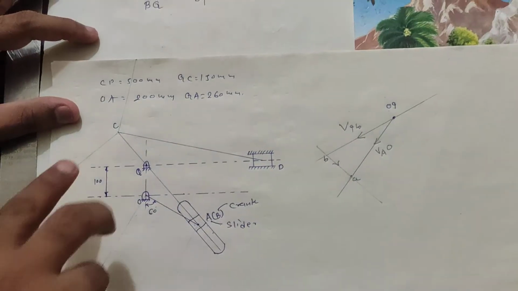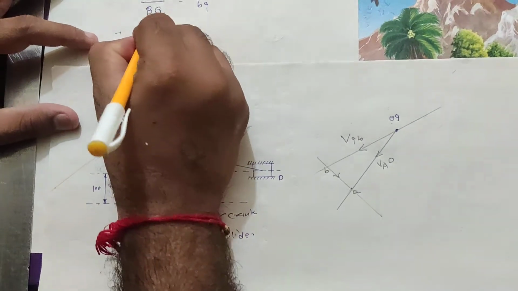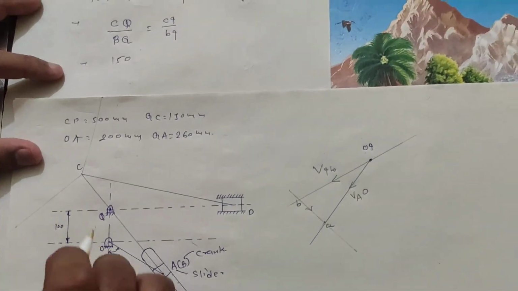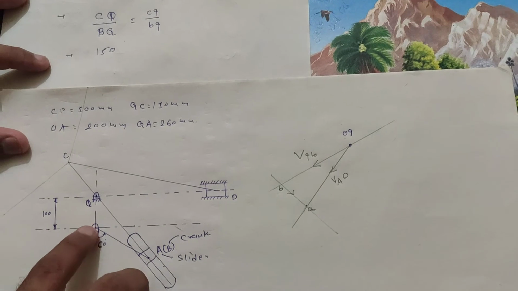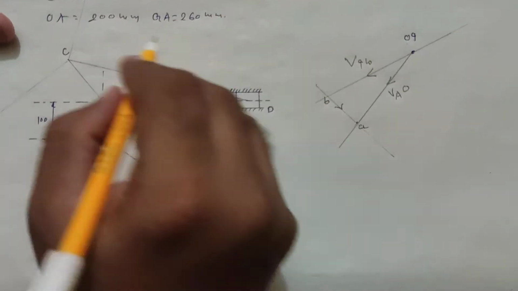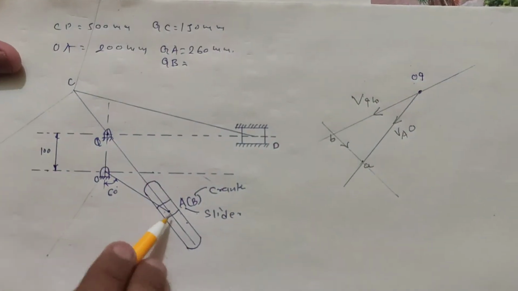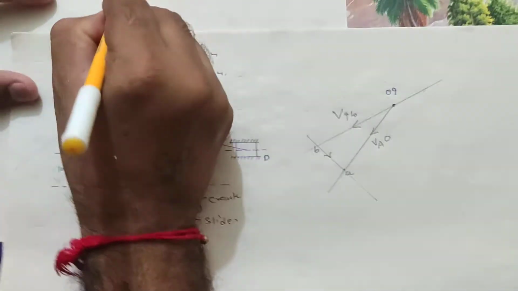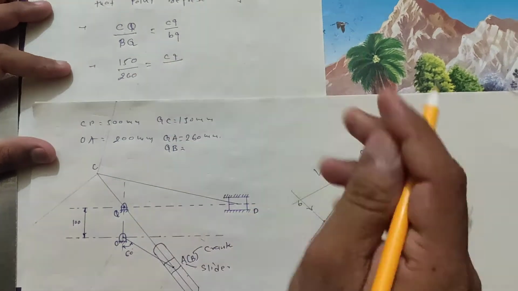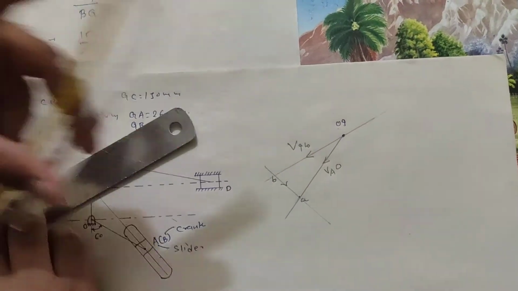That CQ is given over here, that is QC 150. Okay, BQ I have already written, and BQ we have to measure by using this scale.